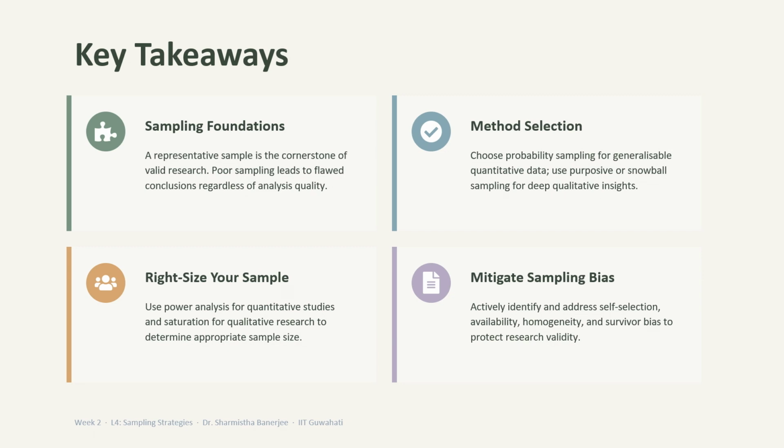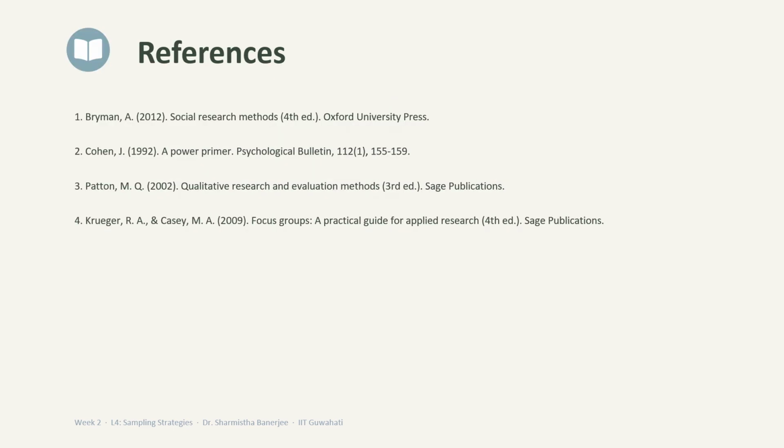Try to mitigate the sample biases: actively identify and address self-selection, availability, homogeneity and survivor bias to protect your research's validity. In case you know that you have not been able to meet any of these criteria, always mention in the limitation section of your report that these are the limitations, and the whole findings need to be looked at considering these limitations. So that brings us to the end of this lecture.